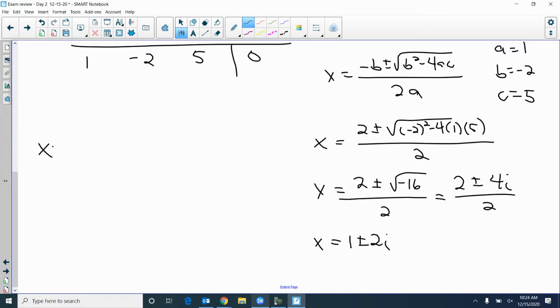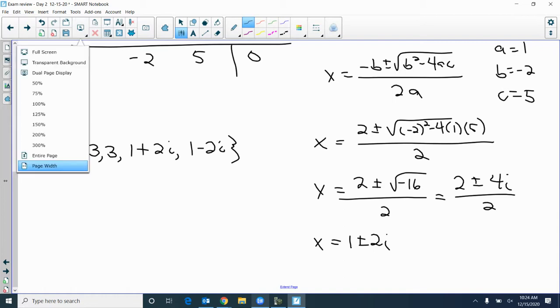Don't forget to list your roots, your zeros. -3, 3, 1 plus 2i and 1 minus 2i. Yes, you can write that as plus or minus 2i. That's fine. But you got to have those 4 roots. Okay, we got -3, +3, 1 plus or minus 2i.